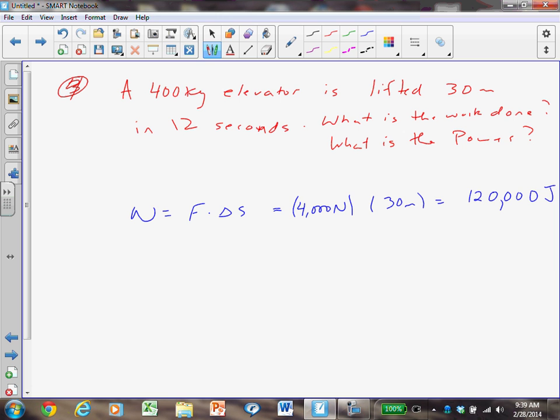Power, which is capital P, right? Maybe you just want to write pow or something, so you don't confuse it with delta P, change in momentum, impulse, or P, momentum. Little p is momentum.